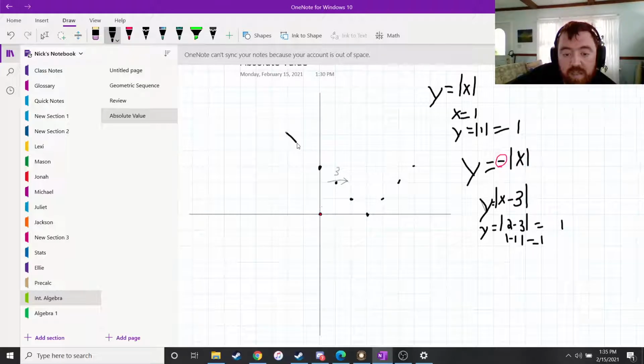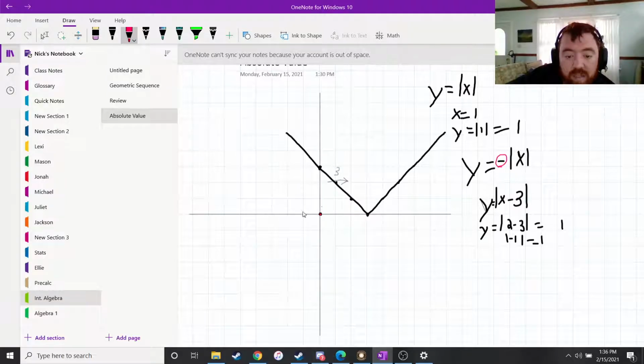Now, if I wanted to move it to the left 3, I want to go to the left 1, 2, 3. My equation is going to look like y equals the absolute value of x plus 3.